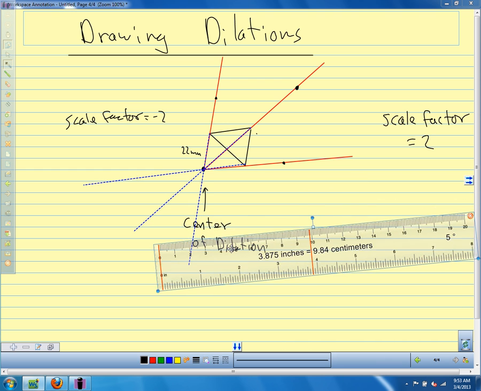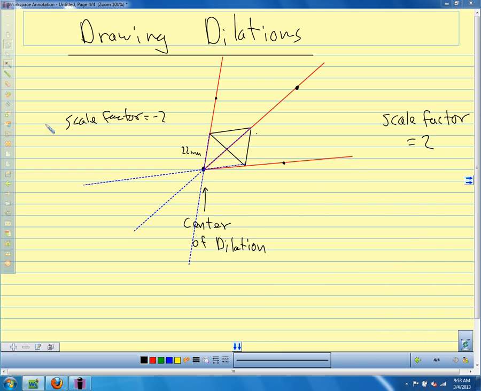And now I'm just going to connect those dots. And I'll do that in blue. Make my line solid first. There we go. And there's the dilation of my triangle.